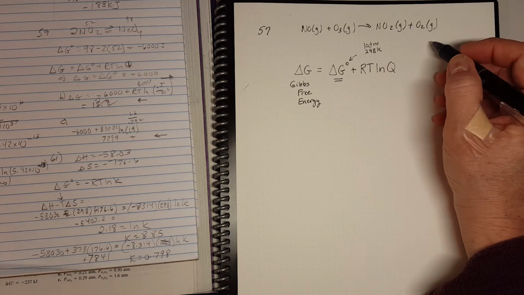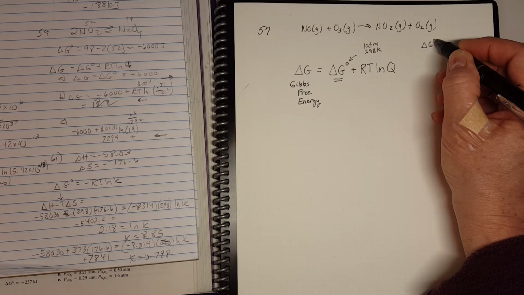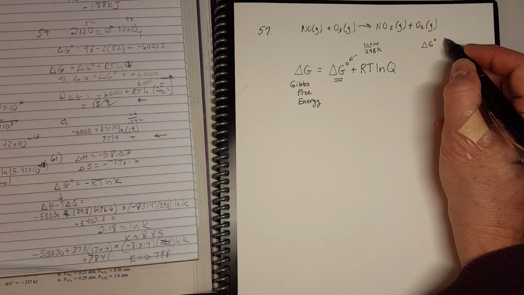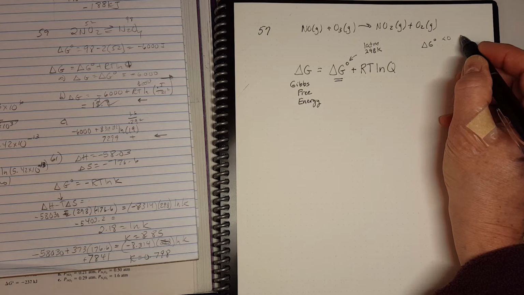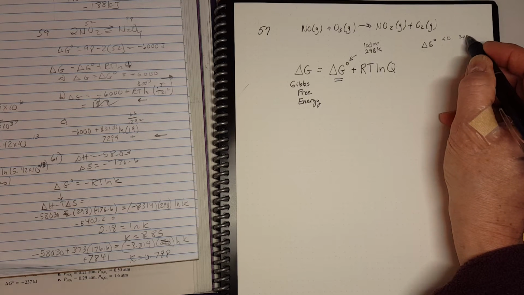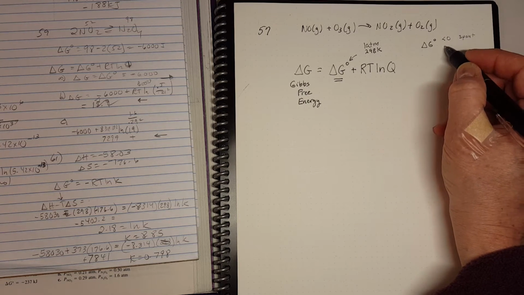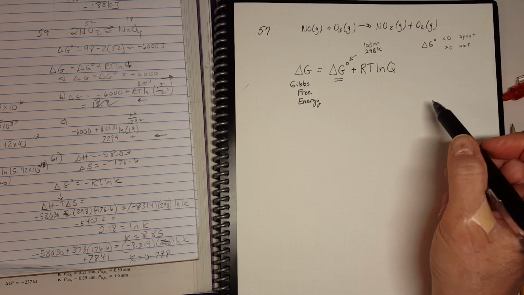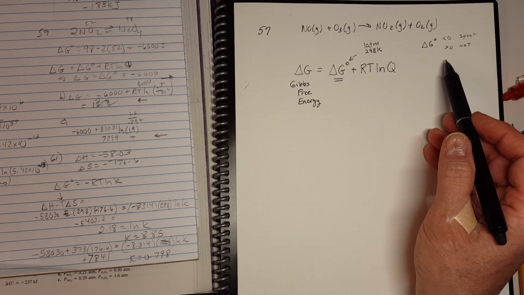Okay, and what we said is that when we're talking about standard state, if delta G is less than 0, then the reaction is spontaneous. If it's greater than 0, then the reaction is not spontaneous. But there's more to what this delta G is.